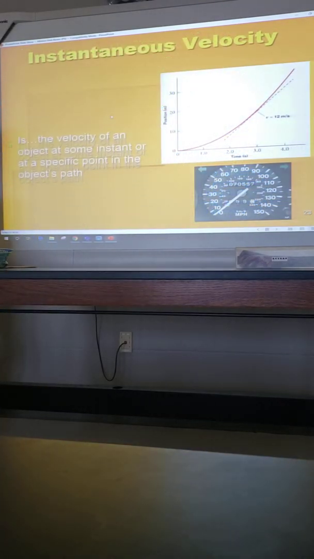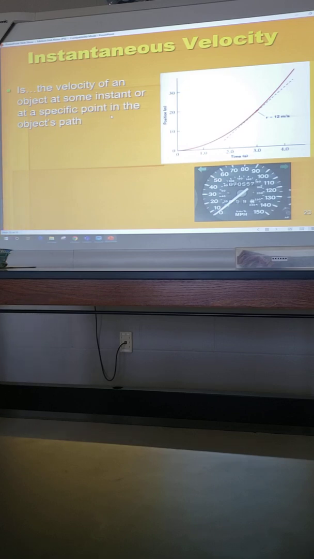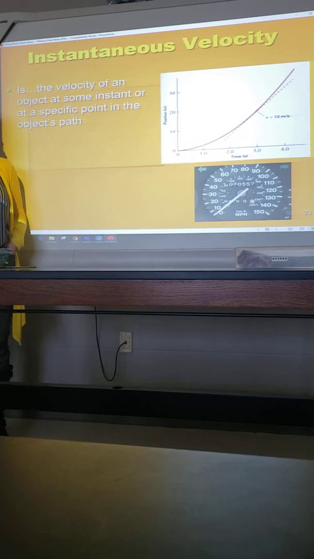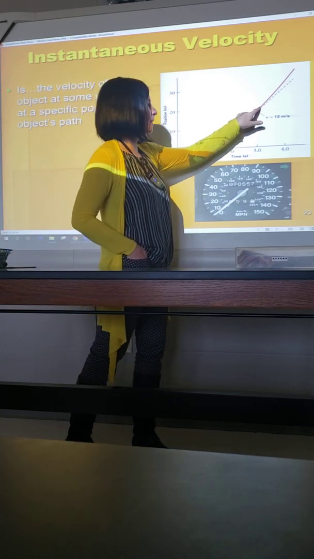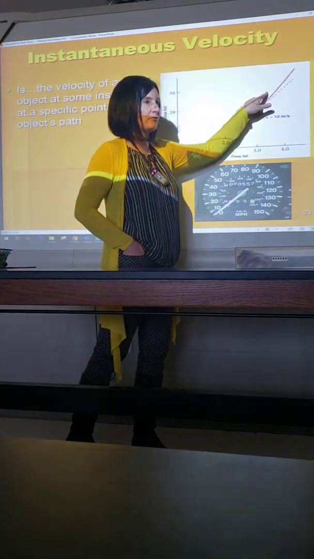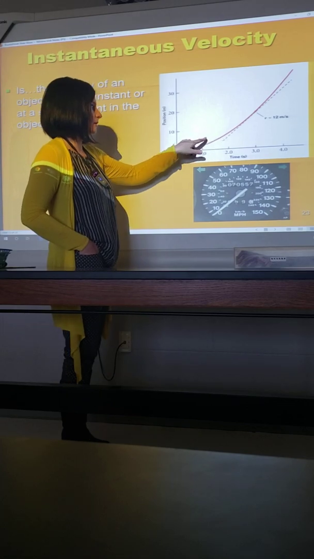All right, instantaneous velocity. So this is the velocity of an object at a set instant or a specific point in an object's pathway. So if I'm looking at a graph, that would be me putting a point on my velocity line or my curve or my straight line, possibly, right?